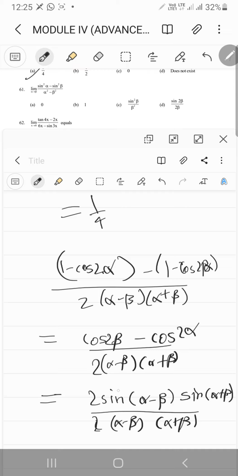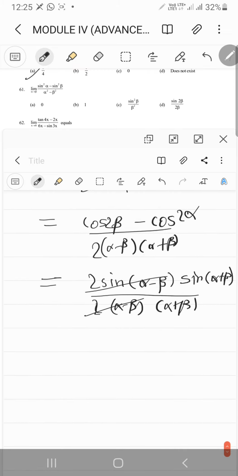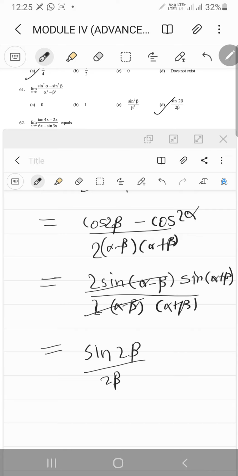Nice. So this thing just gets cancelled because it's approaching 1, and when you put alpha equal to beta into this, this is just sine 2 beta upon 2 beta. Okay, so this should be the answer.